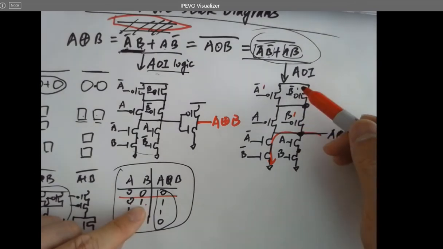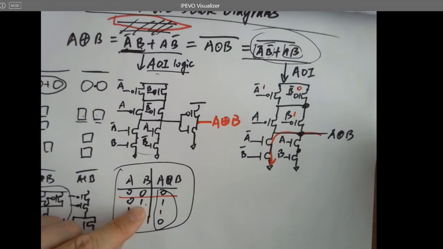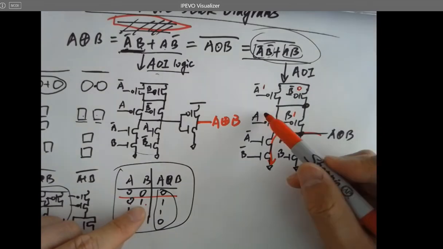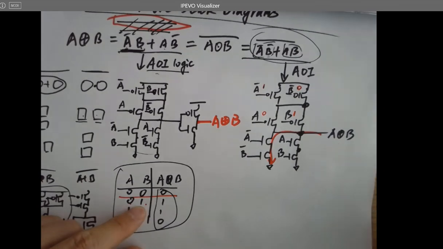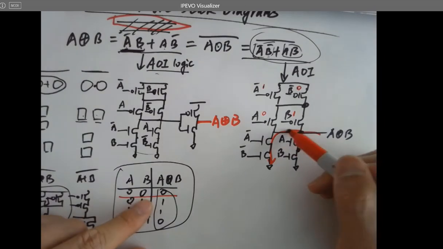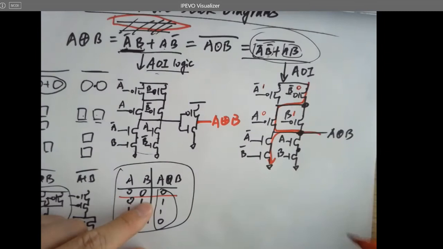And 0 here. 0 here. So what's happening? What's the pathway to it? It's being pulled to VDD in this way.